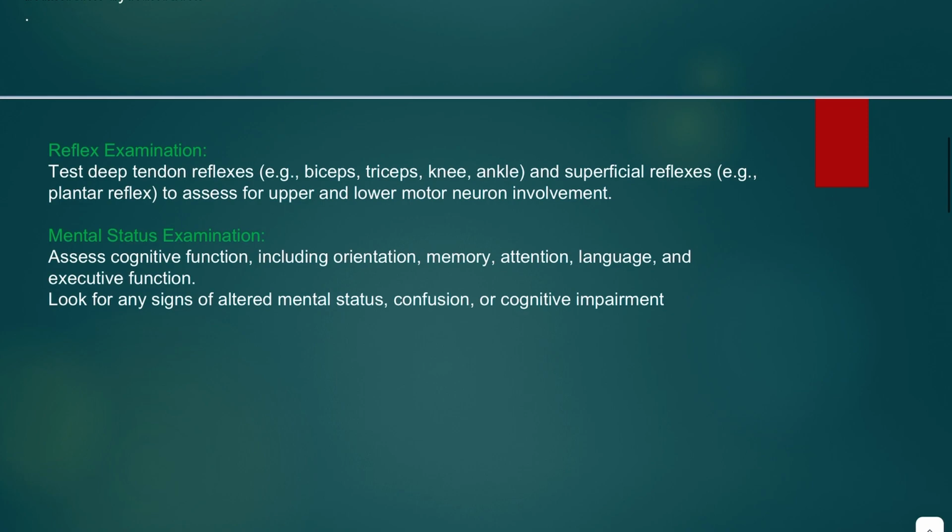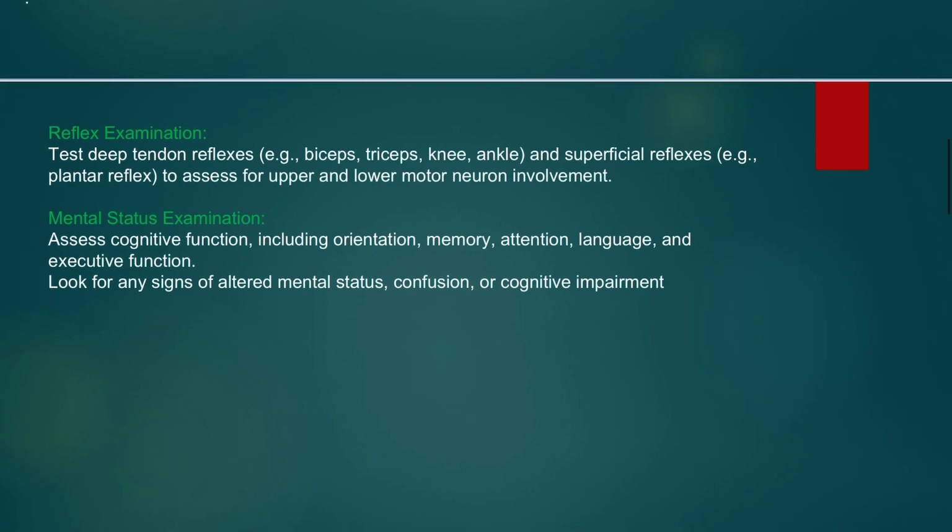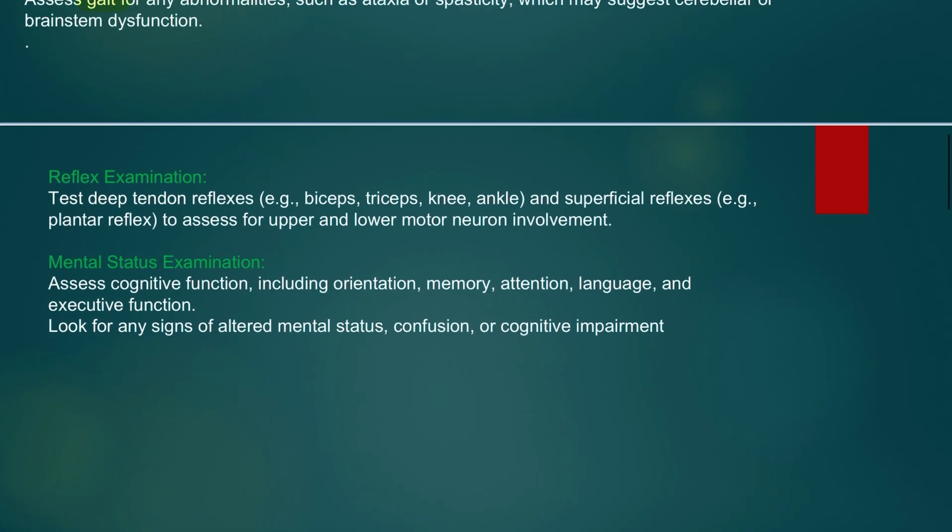Reflexes: test the deep tendon reflexes, biceps, triceps, knee and ankle, and superficial reflexes like the plantar reflex to assess for upper or lower motor neuron involvement. And mental status examination: assess cognitive function including orientation, memory, attention, language and executive functions, and look for any signs of altered mental status, confusion or cognitive impairment.